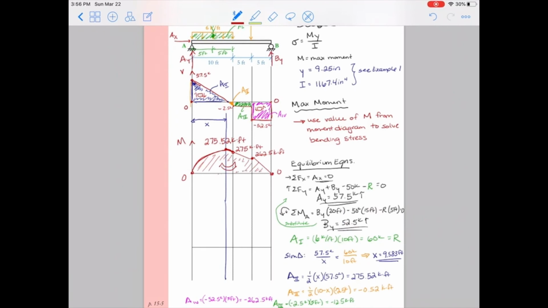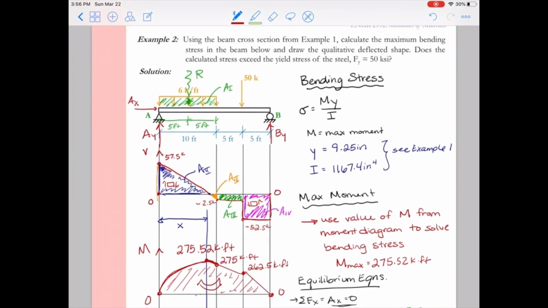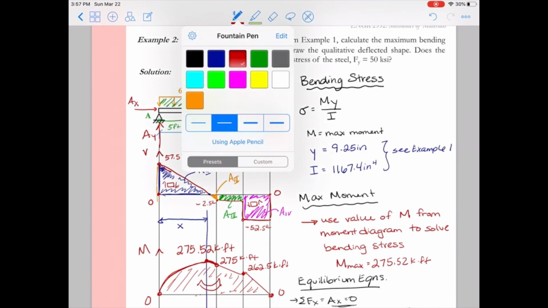Now, again, this is just one of the steps to this problem. The problem is asking for bending stress, not the moment diagram. So we need to remember that. Let's head back up to that bending stress equation. That bending stress equation is My over I. And now we know that M max is 275.52 kip feet. So now I'm going to plug that in to my bending stress equation.